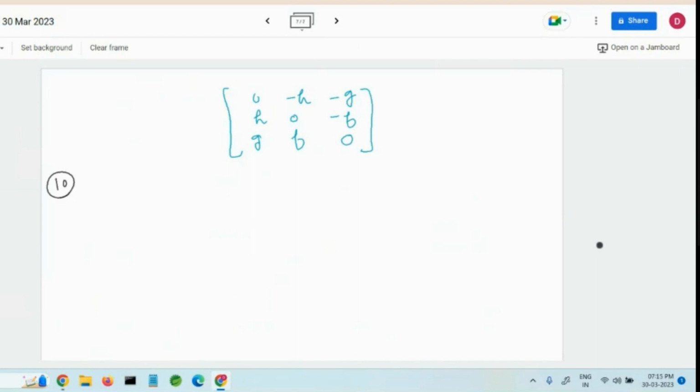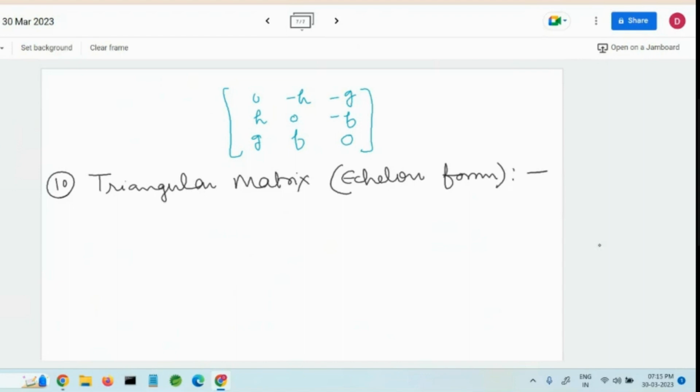This triangular matrix is of echelon form. So the other name of the triangular matrix is echelon form.